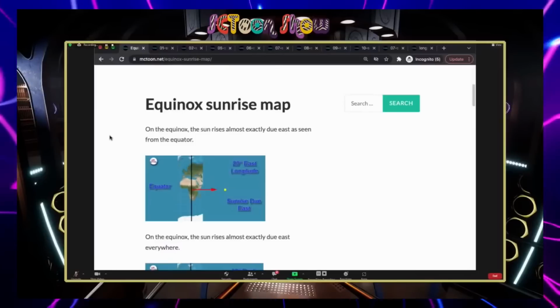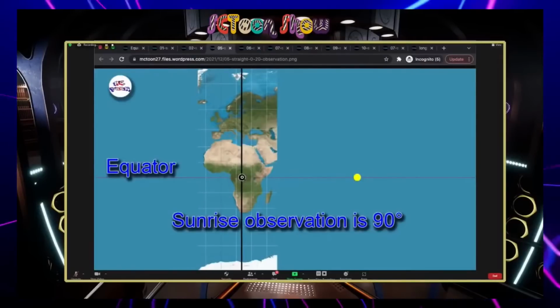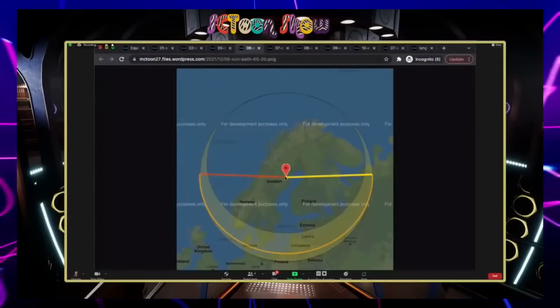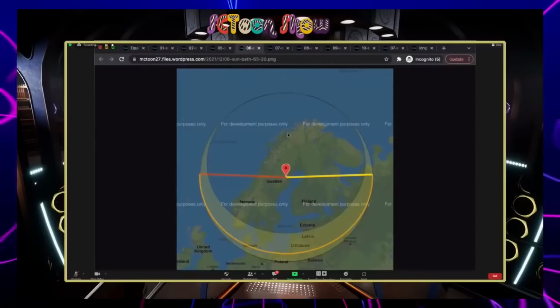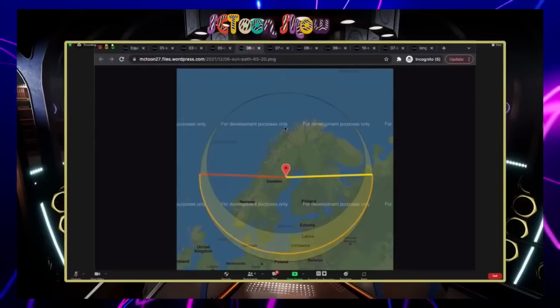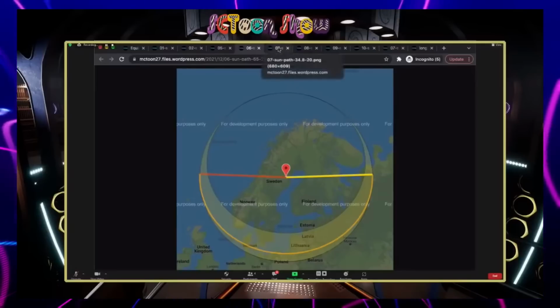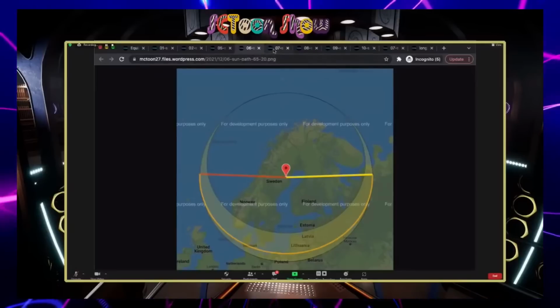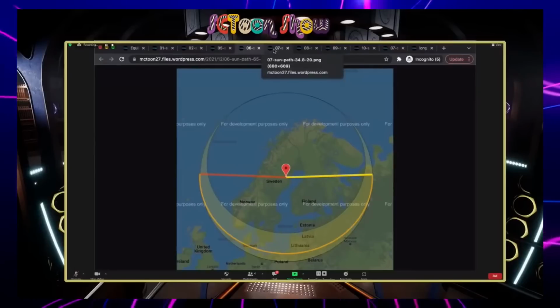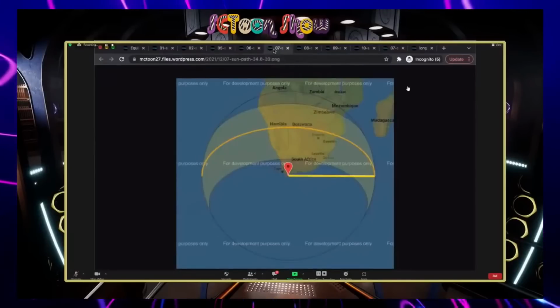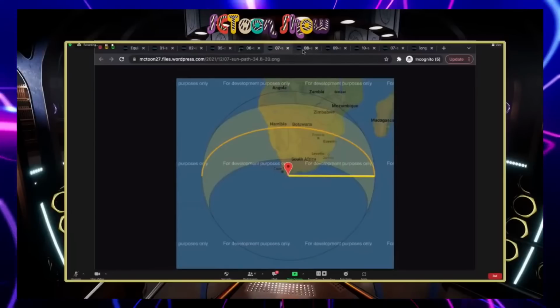The sun rises due east on the equator, on the equinox at 20 degrees east. Up in Sweden, and even up in the islands north of Sweden, it's 90 degrees due east. And this is showing a little bit less than 90, which doesn't help flat Earth, but it's okay. And then all the way down in Lagos, South Africa, 90 degrees due east.